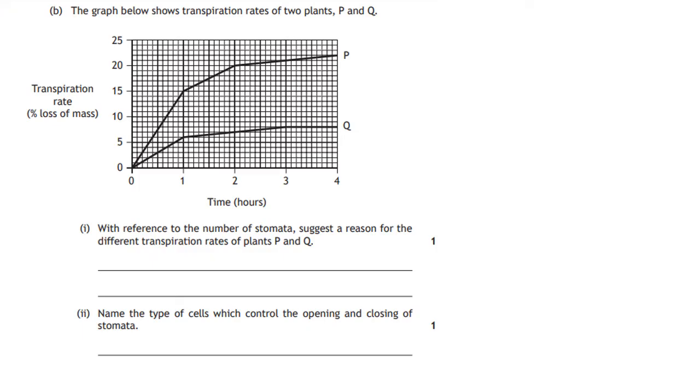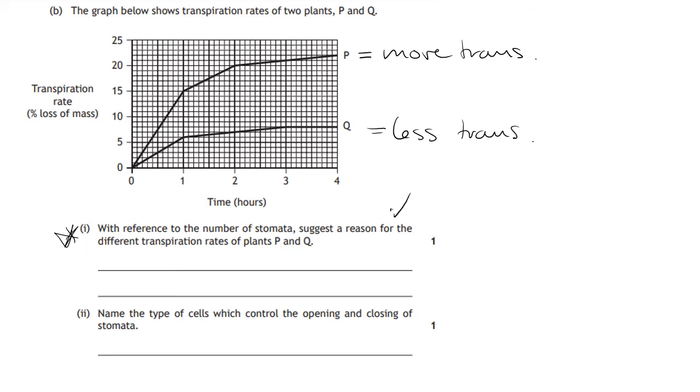So again, still my question 12, the graph below shows transpiration rates of 2 plants, P and Q, okay? So it says, with reference to the number of stomata, suggest a reason for the different transpiration rates of P and Q, okay? So what we want to do is look at this, P, is it transpiring? So is the transpiration more or less? It's got more transpiration, right? Q has got less transpiration.